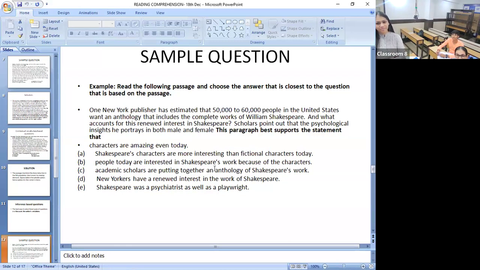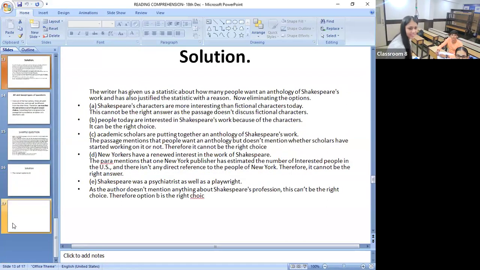Scholars point out that the psychological insights he portrays in both male and female characters are amazing. Read. Then I'll explain.